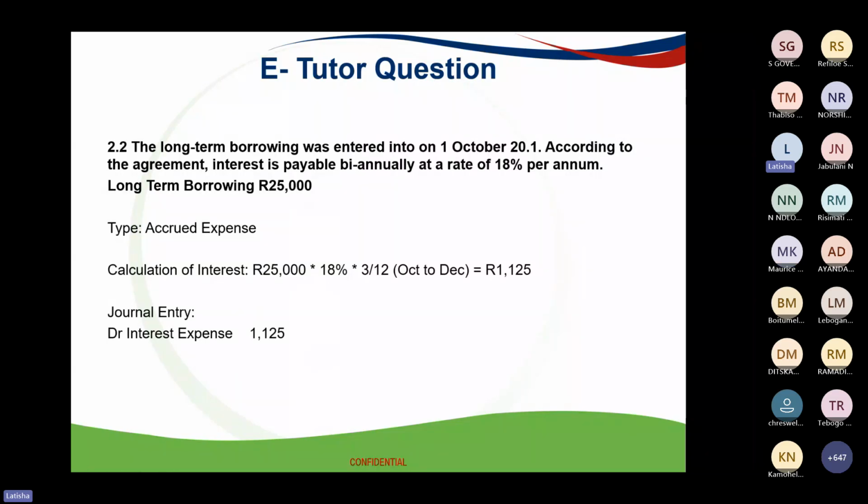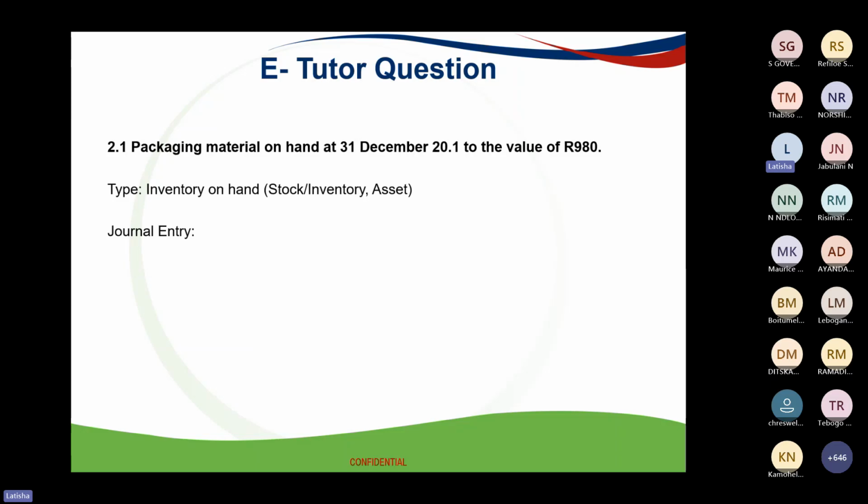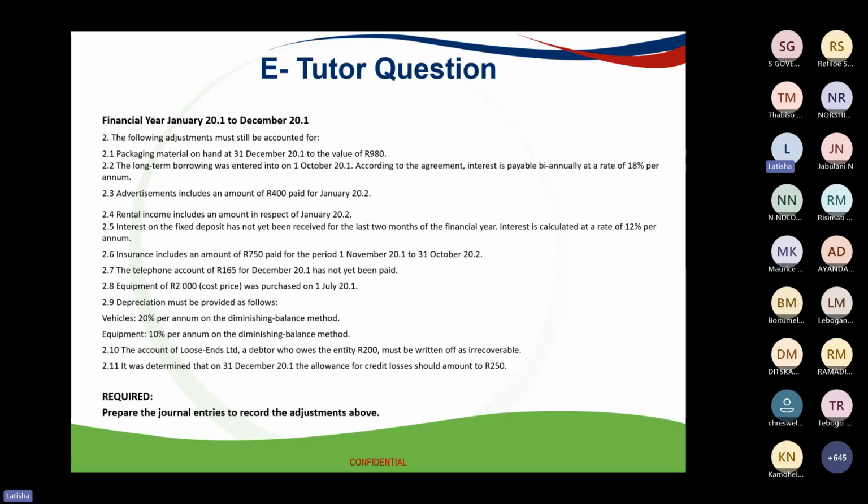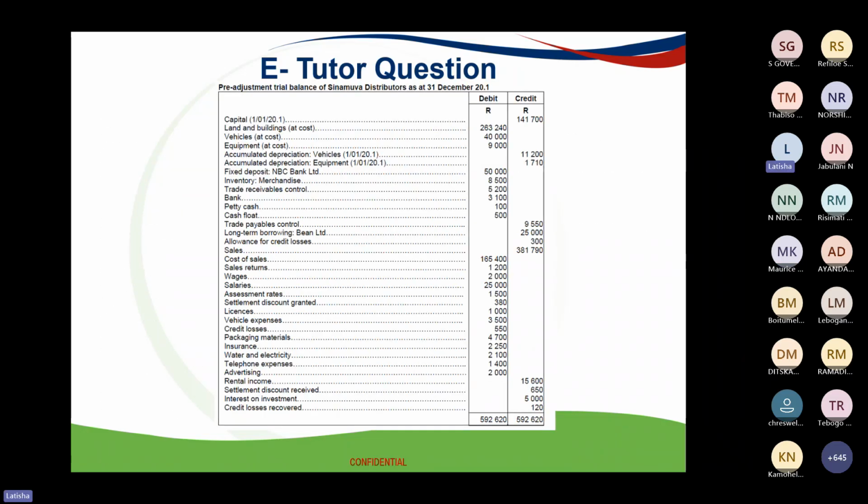Because if I go back all the way to this trial balance, and you look at the expenses, there's wages, salaries, settlement discounts, licenses. There's a lot of expenses, but interest expense is not here, which tells us that the entity has not yet calculated the interest that we owe on this loan. And so that is how I got to the 3 out of 12 months.